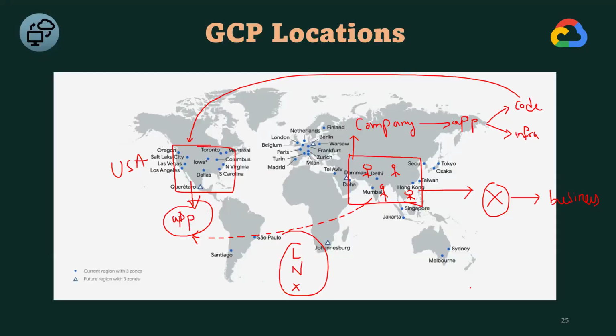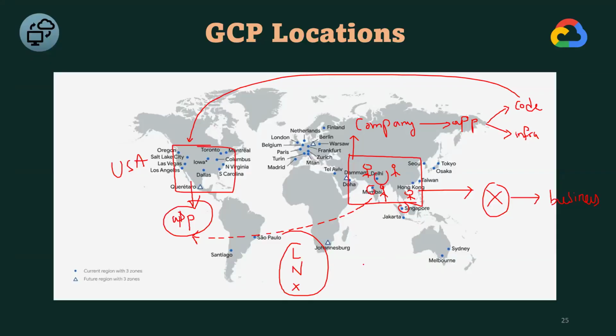They came up with this first point: whenever you want to deploy or create a resource, try to deploy or create it near your target users. Instead of deploying in the USA data center, you can deploy in Mumbai or Delhi, or maybe near Singapore.